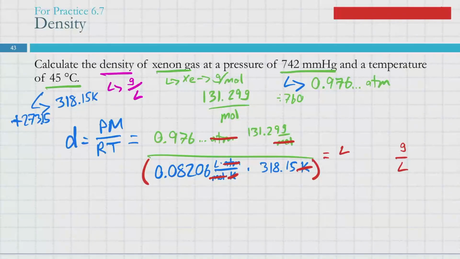The density is 4.91 grams per liter after we round, which is a lot higher than helium. It was also a lot higher than the nitrogen that we saw earlier.